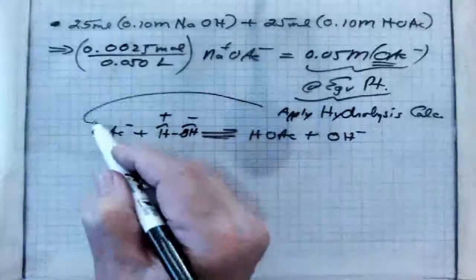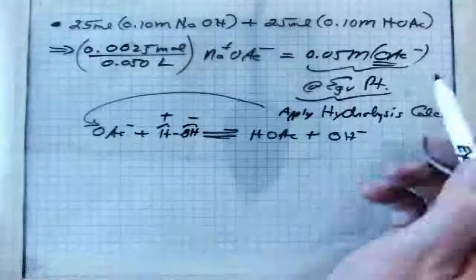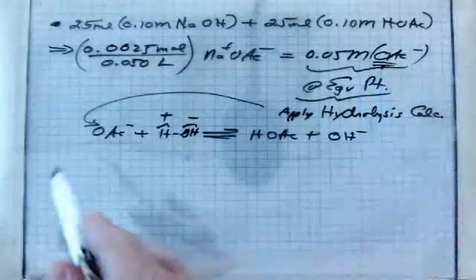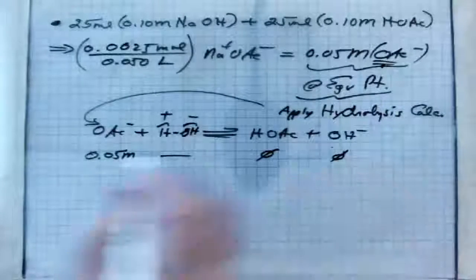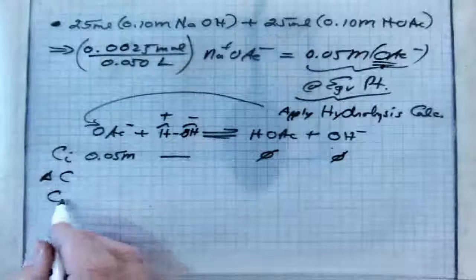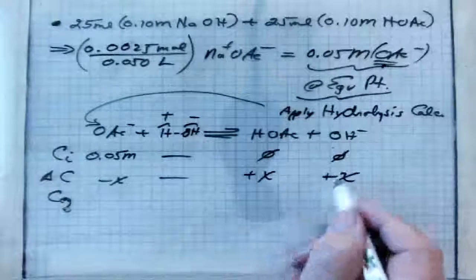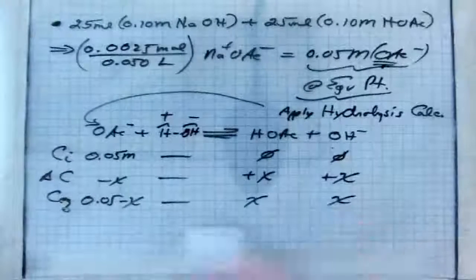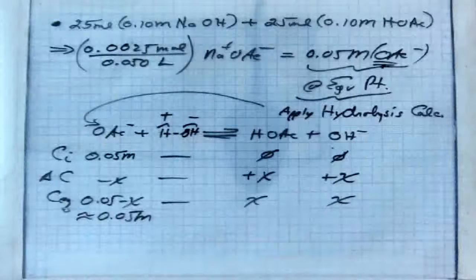So that's going to be your hydrolysis reaction at the equivalence point. And so from the calculation, the concentration at the equivalence point is 0.05 molar. Ignore that, and we start 0 and 0, and set up the ice table. Minus x, ignore, plus x, and so at equivalence 0.05 minus x, and x, and you can drop the x here. So there's your equilibrium concentrations for the hydrolysis reaction.